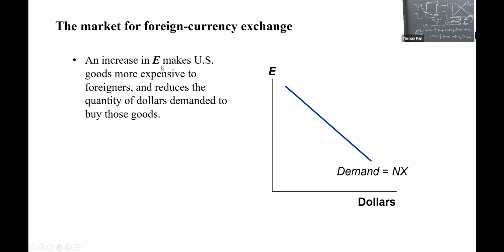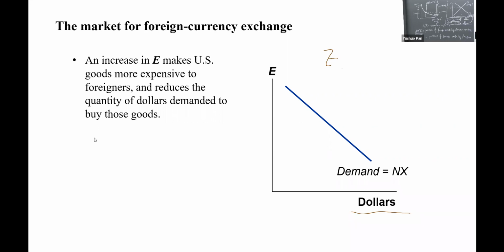An increase in E makes US goods more expensive to foreigners and reduces the quantity of dollars demanded. Remember what we learned about appreciation and depreciation. E is the real exchange rate with respect to dollars. The exchange rate means if I use $1, how much foreign currency I can exchange for.